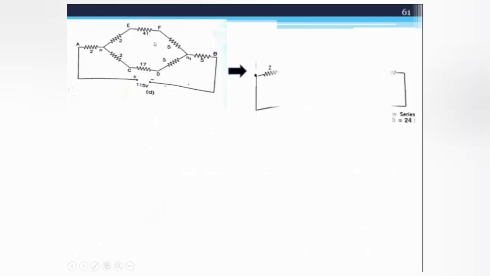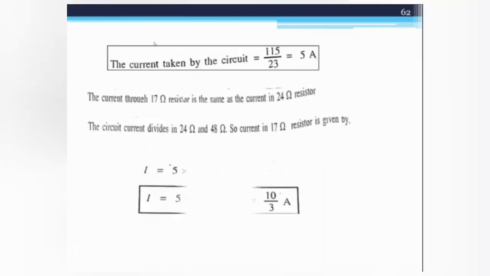So your equation for the current flowing through the 17 ohm resistor is I17 equal to circuit current I, which is 5 ampere, times parallel resistor 48 divided by 48 plus 24. So you will get the value of current in the 17 ohm resistor is 10 by 3 ampere. Here we apply the current division rule. Remember these things.